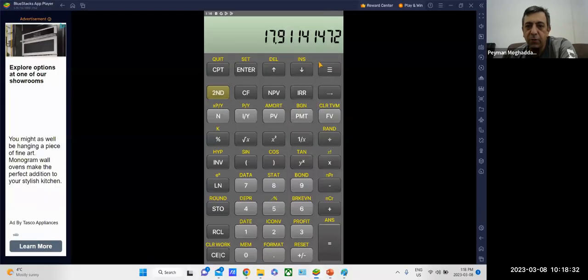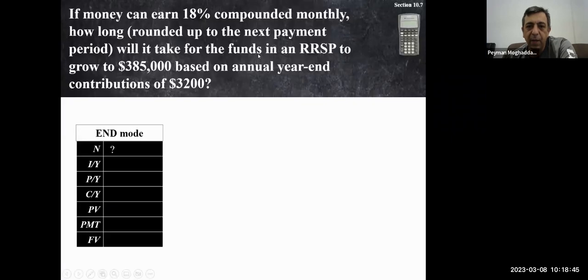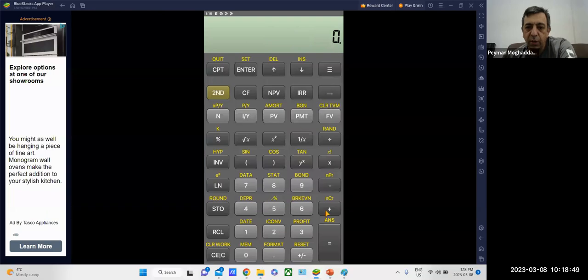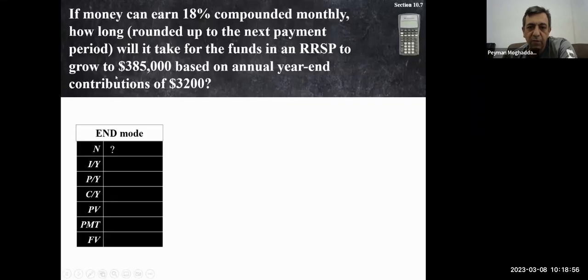Okay, so let's go to the calculator. Since it's ordinary, it has to be set to end. Now we have to put the numbers in. $385,000 is the future value, the amount after you save the money.